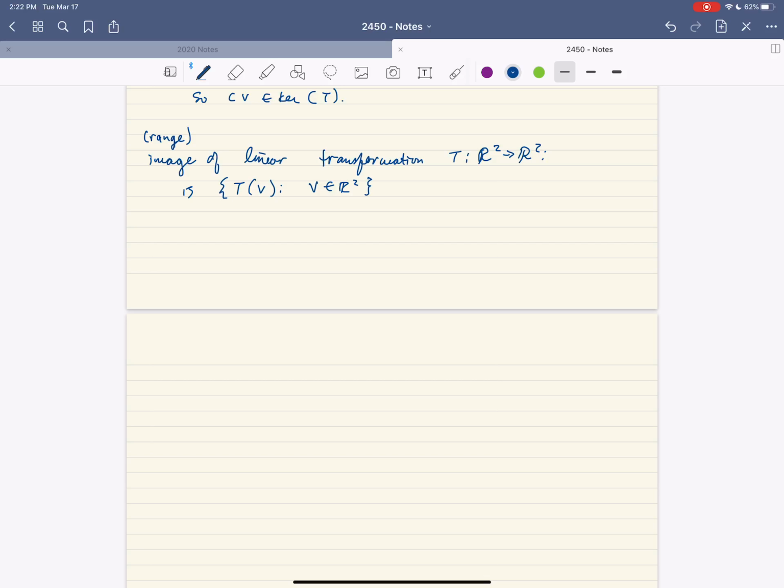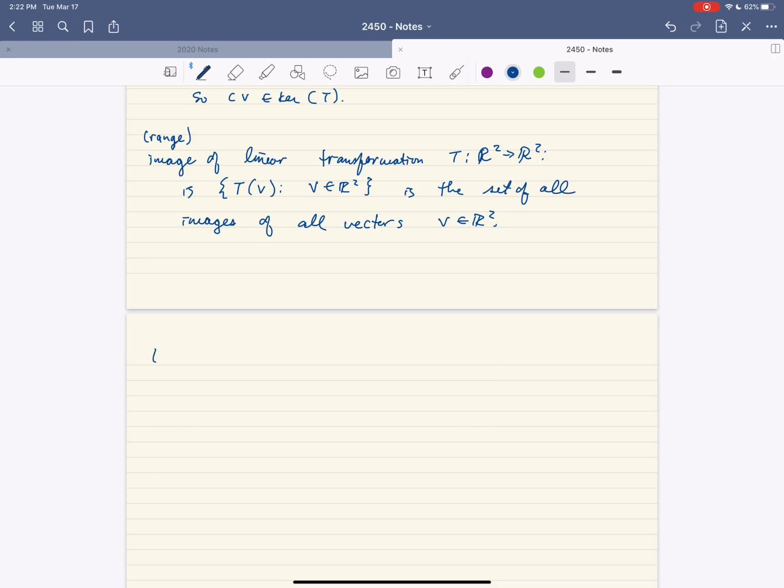In other words, the image of a linear transformation is the set of all your images of all the vectors V. So it's the set of images of all the vectors V in R2.